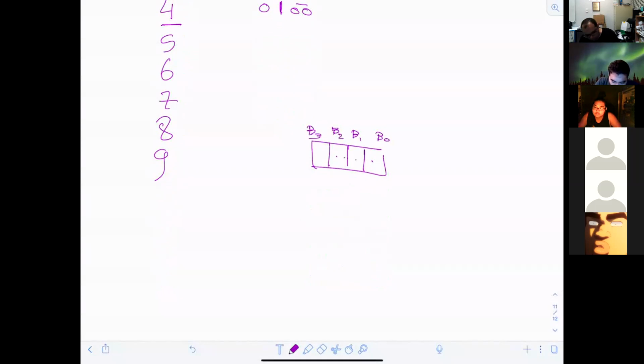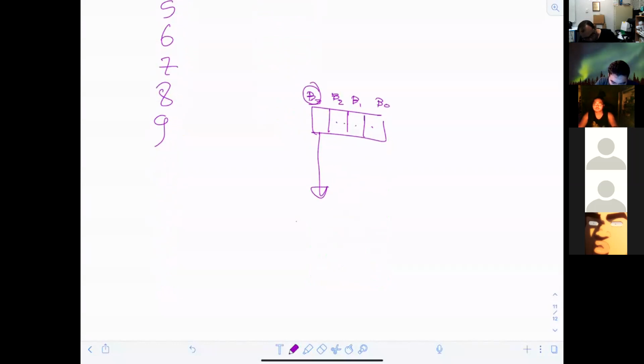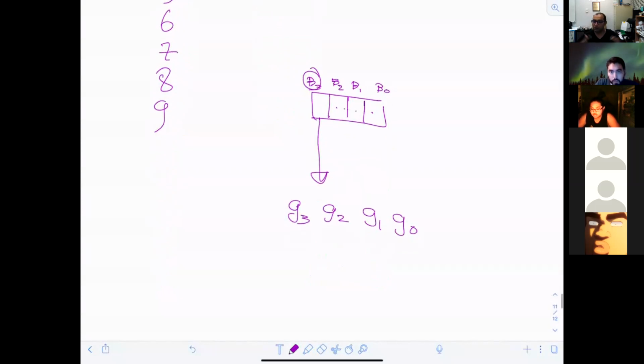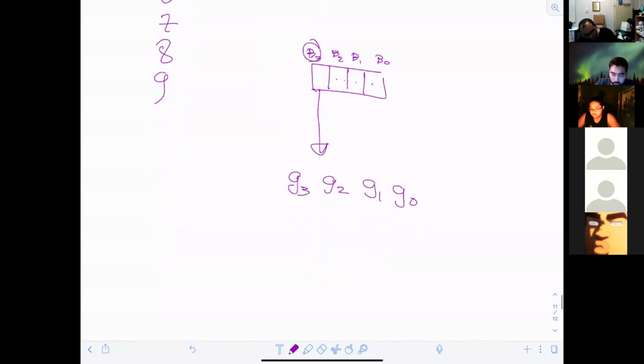Gray said the most significant bit will be converted to the same thing. So I'm gonna put here Gray 3, Gray 2, Gray 1, and Gray 0, right? They are the changes. Then Gray said G3 is gonna be B3, as it is.